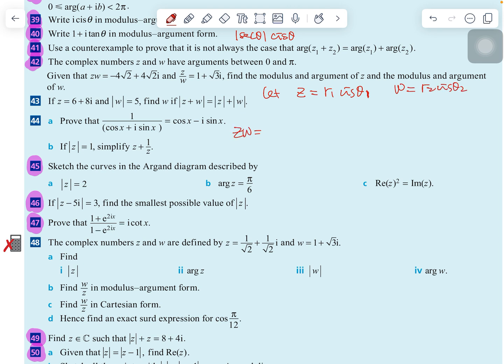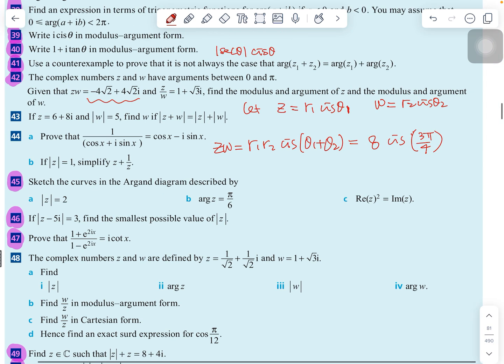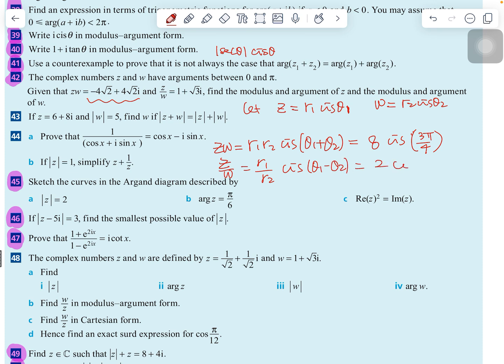ZW becomes R1 R2 cis theta 1 plus theta 2. This one is 8 cis negative 3 pi over 4. And Z over W is R1 over R2 cis theta 1 minus theta 2, which becomes 2 cis 1 over 2 pi over 3.